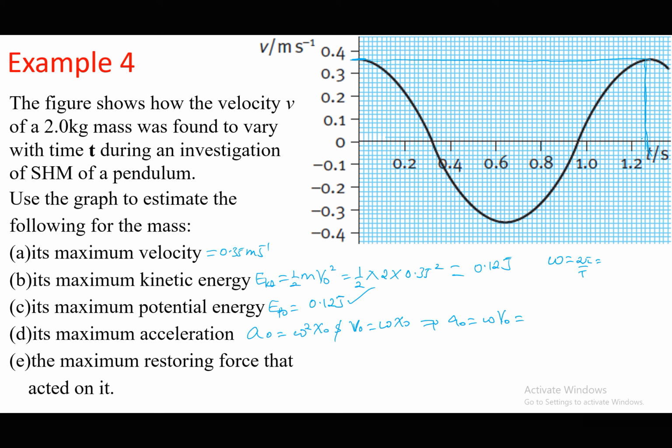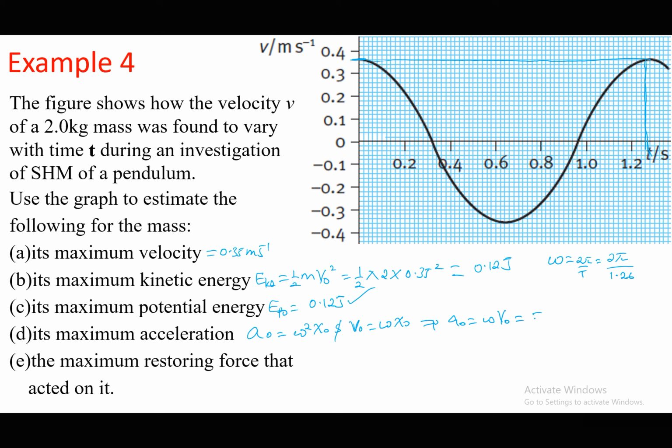Okay, 1.0. Each small box is 0.02. Okay, 1, 2, 3. So that is 0.26. I think that is 0.26. So the period is 1.26. So this is going to be 2 pi divided by 1.26, then times v naught, which is 0.35.